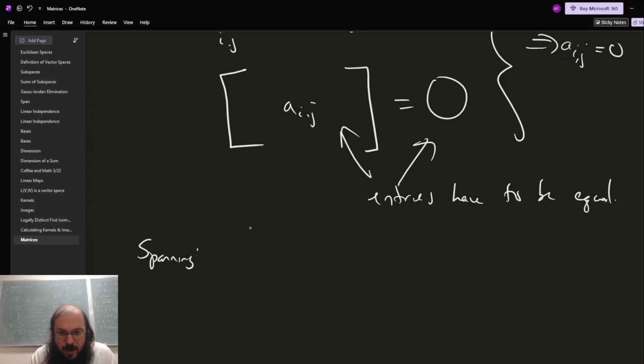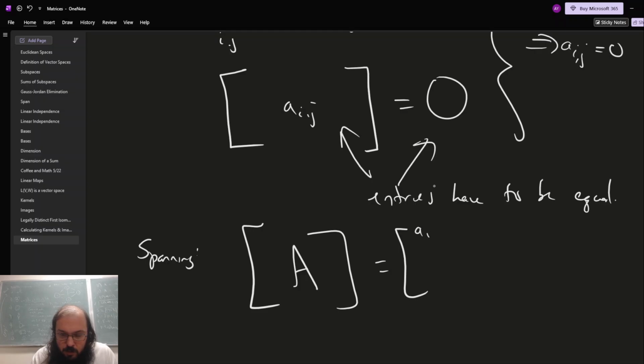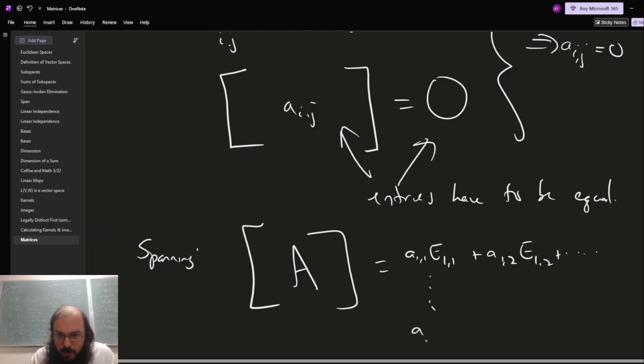If you give me any matrix, just a big old box full of numbers, of course, I can break this up into A_11 E_11 plus A_12 E_12, and so on and so forth.